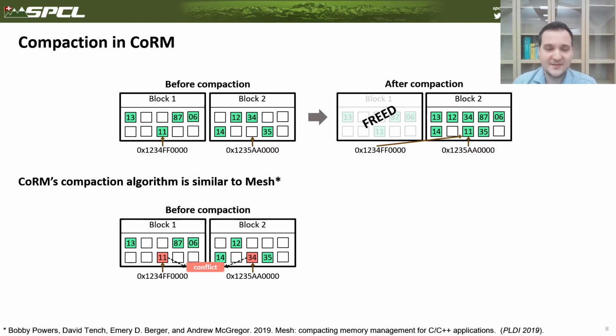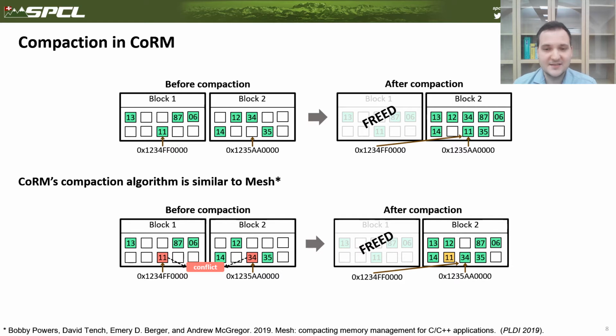As Mesh requires the object to be stored at the same offset, if we have a conflict in the offsets, such blocks cannot be compacted. So the Mesh memory allocator would fail to compact such blocks.